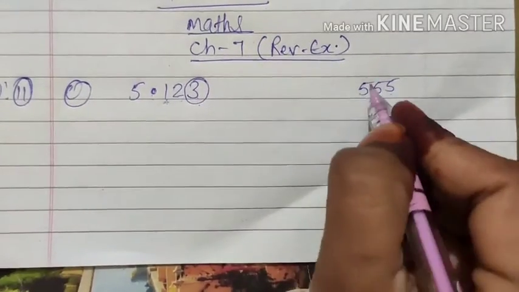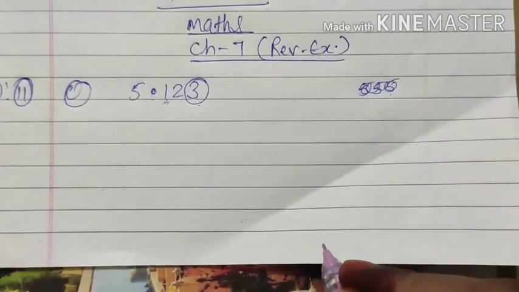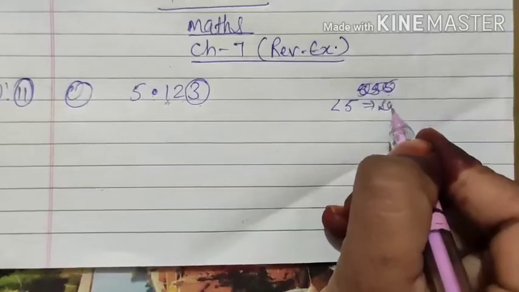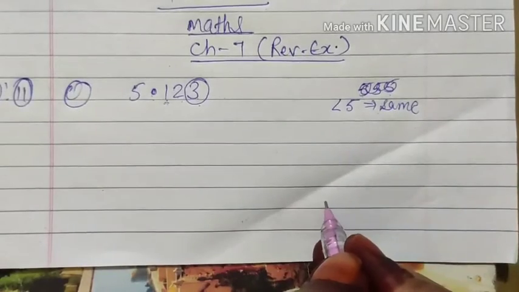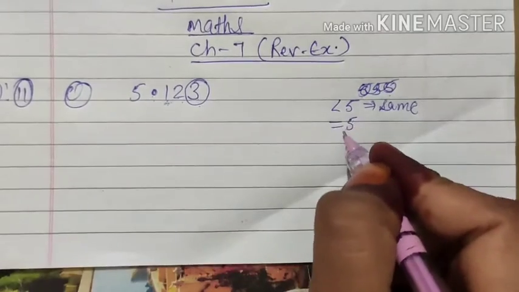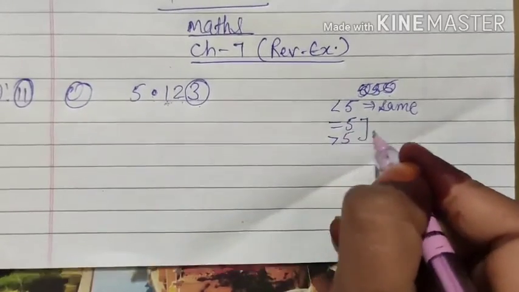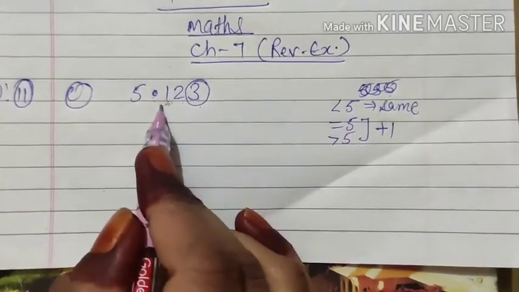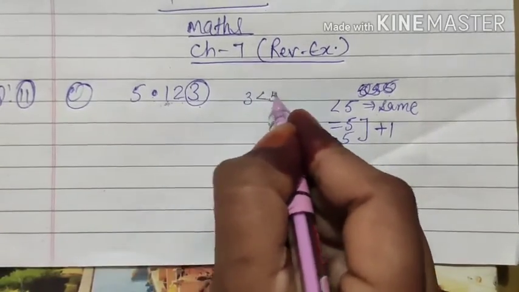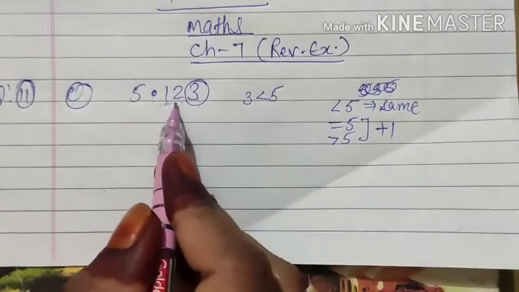For rounding off, we have already learned some rules. If the number is less than 5, then we will write the number as it is. We will not make any difference to the previous number. And if the number is equal to 5 or greater than 5, then we will add 1 to the previous number. That's what we are going to do. Since here 3 is less than 5, we don't have to add anything.